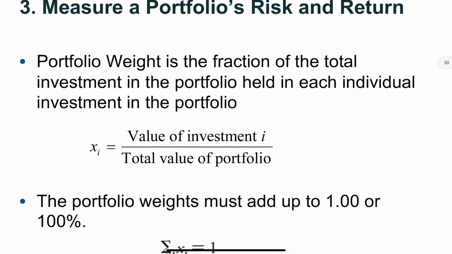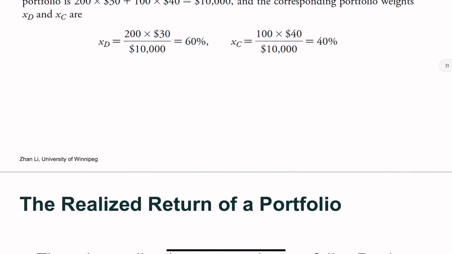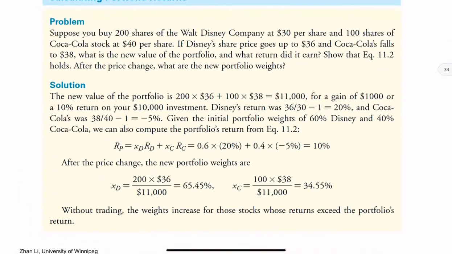Basically, portfolio weight is the value of a certain investment divided by the total value of the portfolio. Right? So it's a very simple calculation, and we also have done a simple example, and we calculated the portfolio weights of Disney stock and Coca-Cola stock.